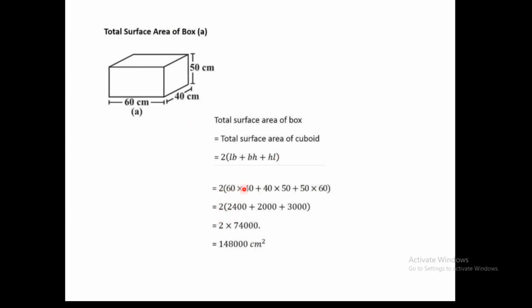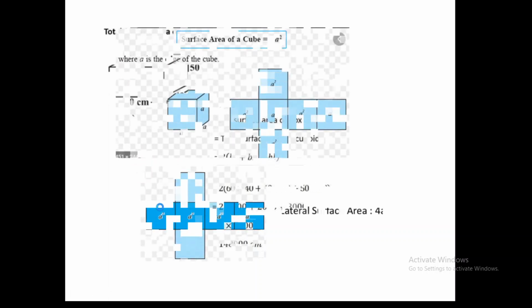L into B, 60 into 40, 40 into 50 plus 50 into 60. Then the total answer comes to 148,000 centimeter square, the total surface area of the box.